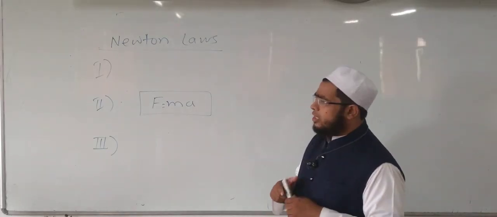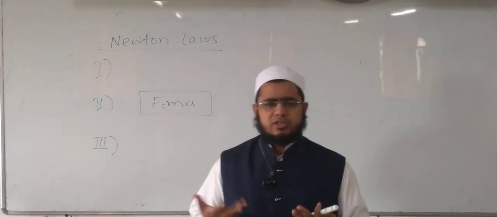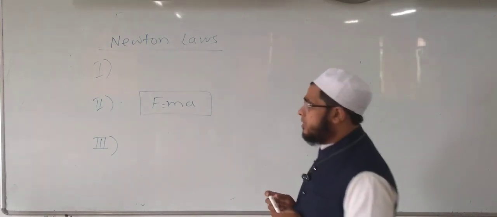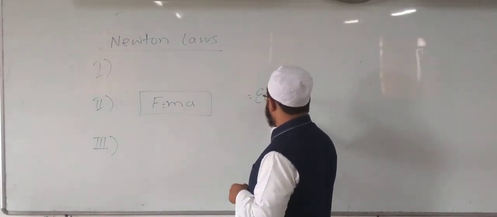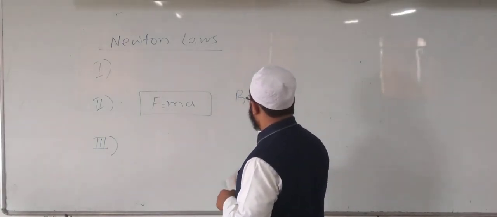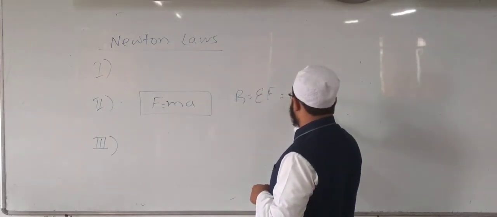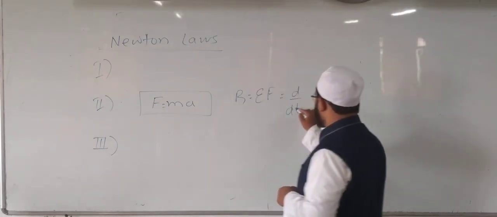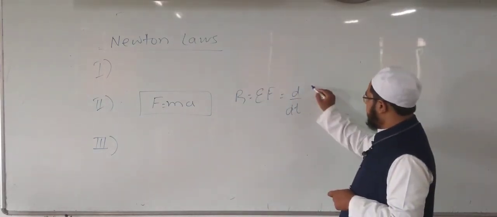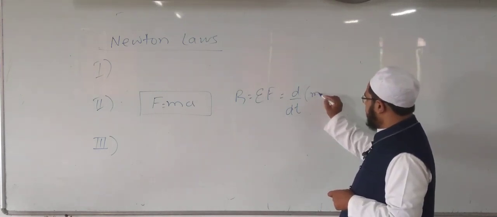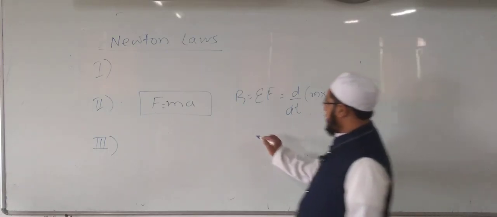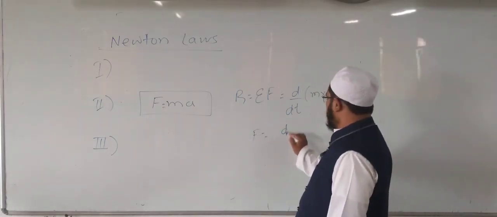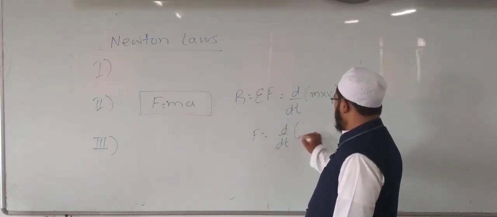Means whether one force, two, three or any number of forces are acting on the object, the algebraic sum or the resultant of that force system is equal to the rate of change of momentum, and momentum is the product of mass and velocity. So F equal to d by dt of mv.